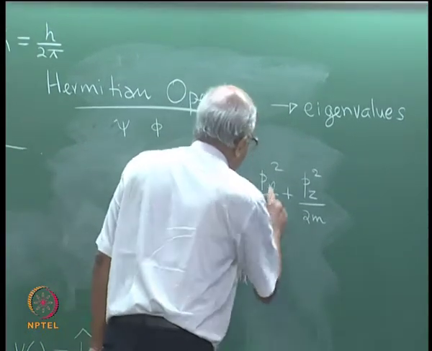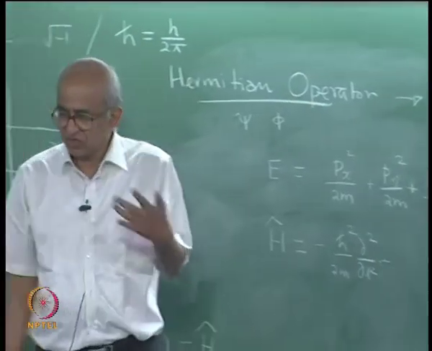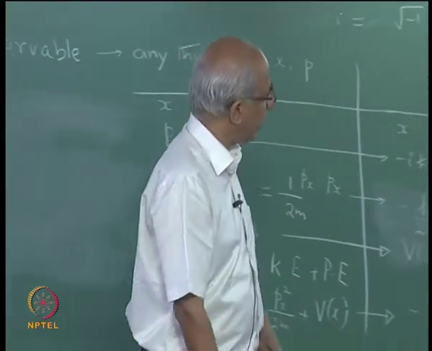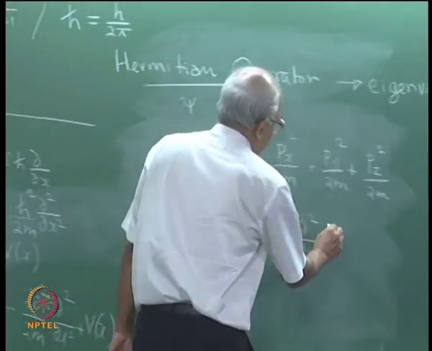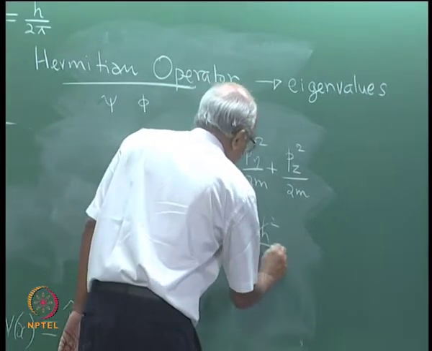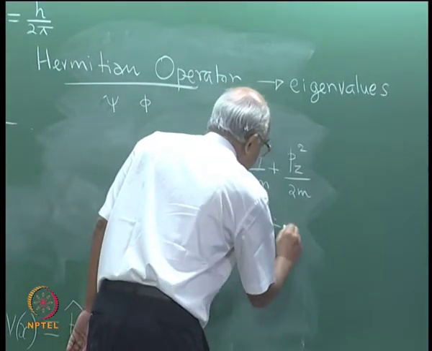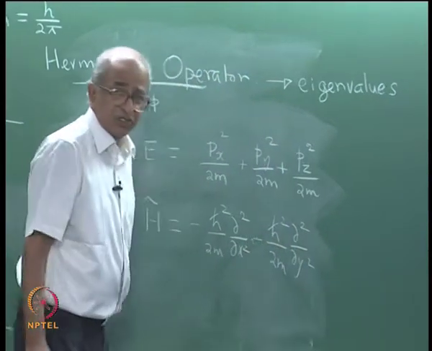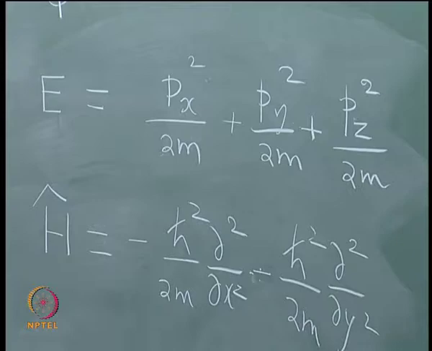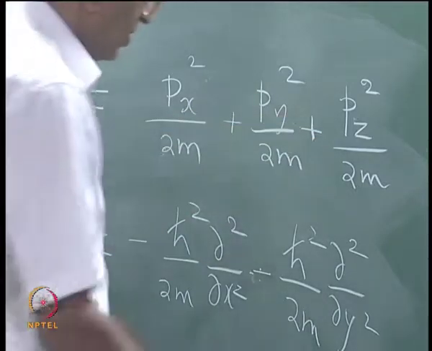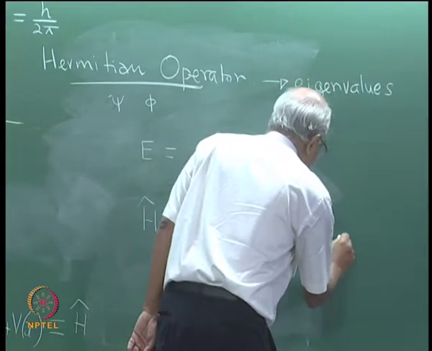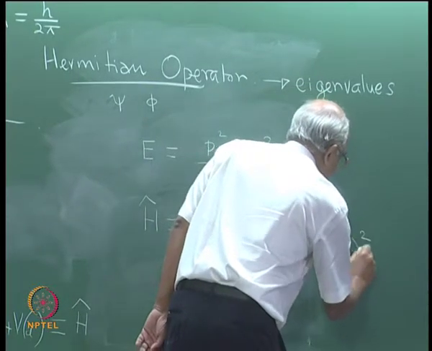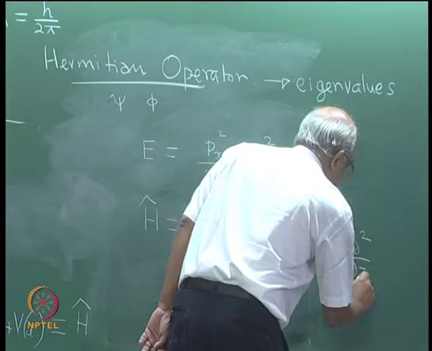Then for the next term you have Py square, Py is going to be replaced with minus i h cross dou by dou y. So, you are going to get minus h cross square by 2m dou square upon dou y square. This means partial differentiation with respect to y. Then this is going to be replaced with minus h cross square by 2m dou square upon dou z square.